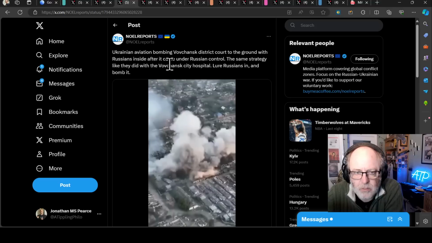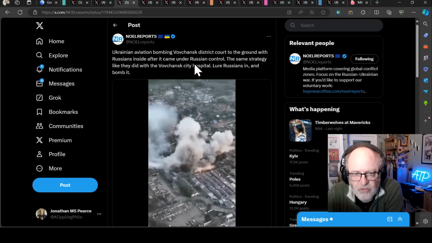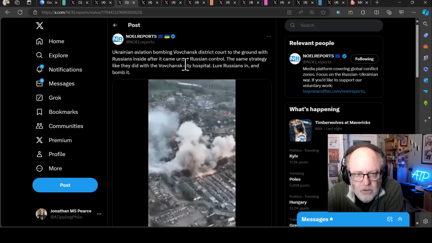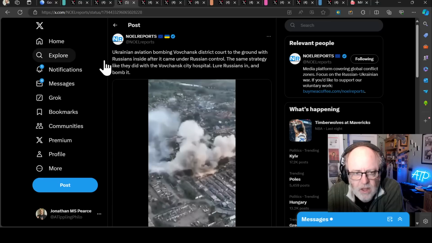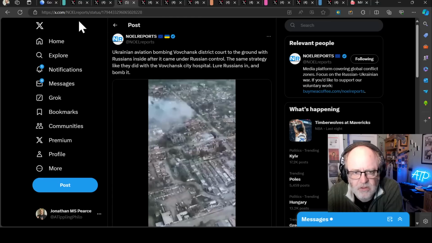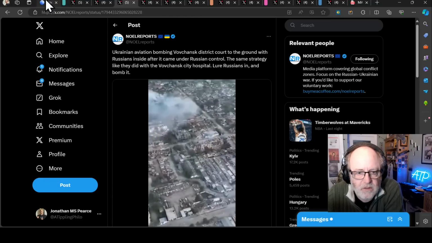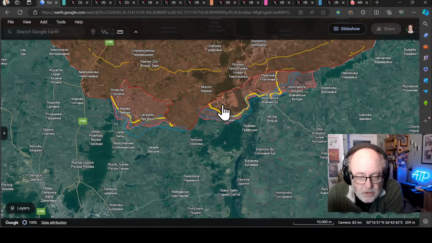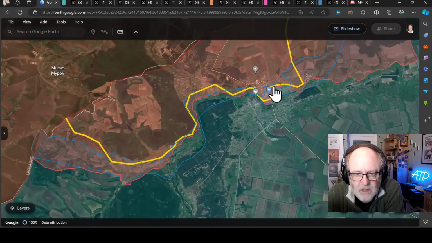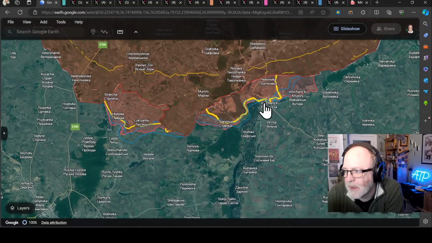The Ukrainian aviation bombing Vovchansk district caught to the ground with Russians inside after it came under Russian control. Same strategy as what they did with Vovchansk City Hospital: lure the Russians in and bomb it. So that's the Ukrainians seriously hitting Vovchansk there from the air.